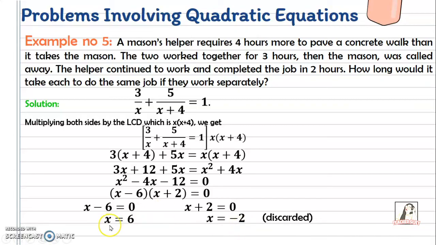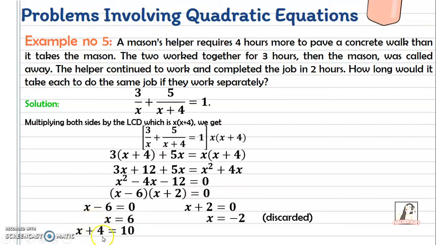So, ngayon, nakuha na natin ang kay mason, which is si x. Okay? X equals 6. So, ngayon, let's substitute this 6 doon sa formula ng ating helper, which is si x plus 4.